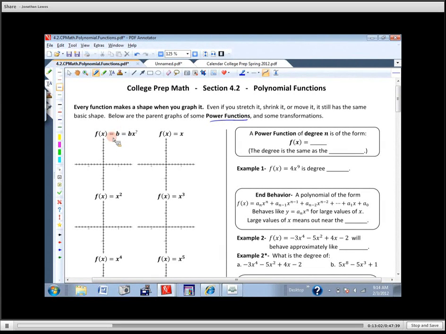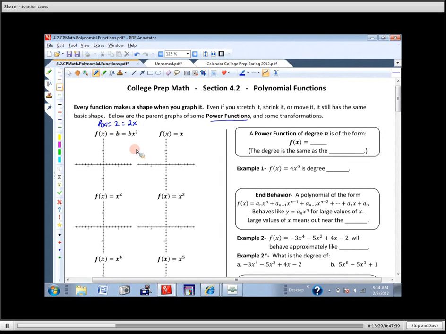Now, when we did this before, I'm going to give you an example. We did things like this. F of x equals, let's say f of x equals 2. Okay? Now that is a power function. When we have a power function, it's like x to some power. So this would be like 2 times x to the what? How could we make that just a plain old 2? What exponent could we put on there? If I put a 1, then it's still an x.